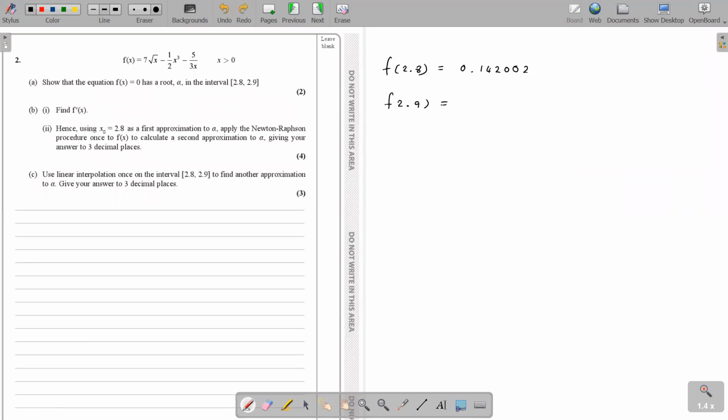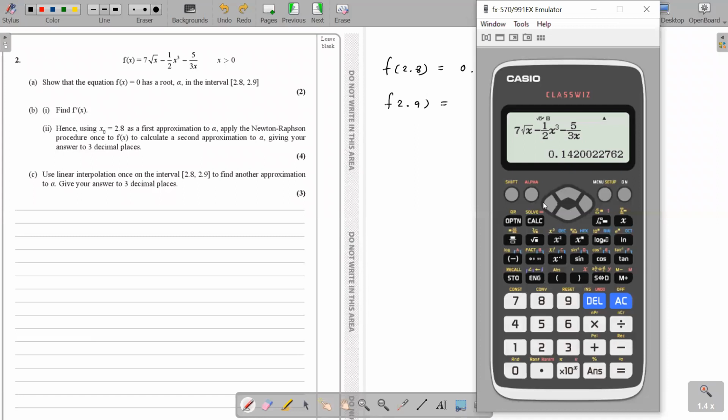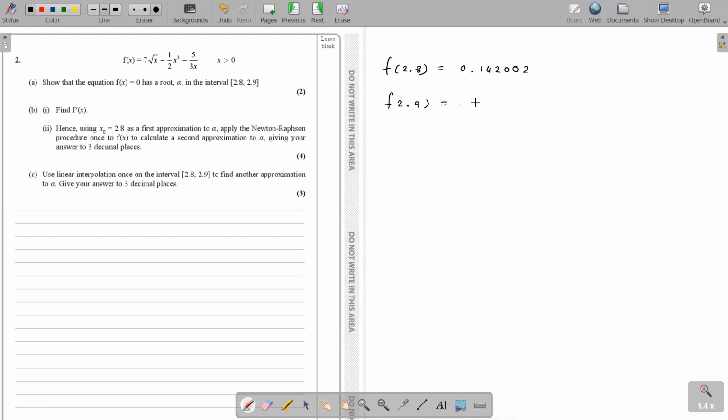Then f of 2.9, just replace the x here, calc, replace x with 2.9: minus 0.8486421, something like that. Can you all see?